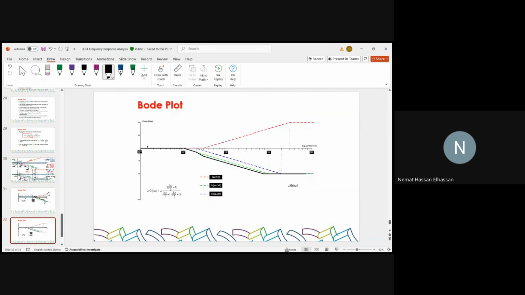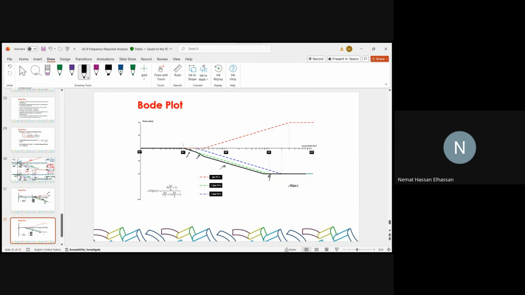We have steady state, a decrease with 45, a decrease with 90, a decrease with 45, and then stability. So that will be the overall phase, which means, in other words, that at frequencies lower than 0.1, we have stable zero phase shift.